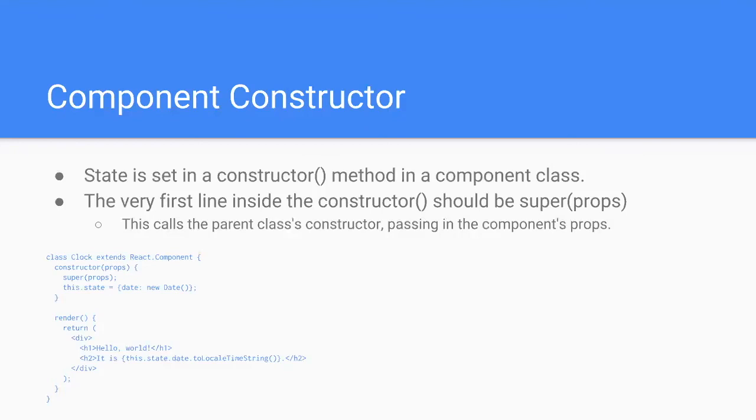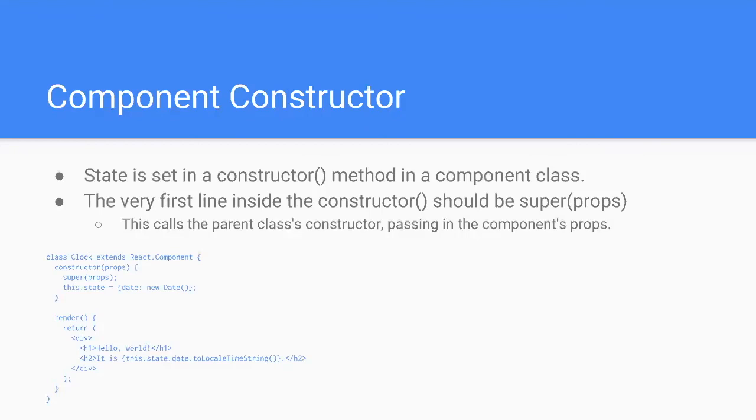That's really important for React because that's what initializes a lot of the React features. If you don't call super at the beginning of your constructor, things like the automatic re-rendering when state changes won't work properly because you haven't called the React component constructor, the parent one. So really important.